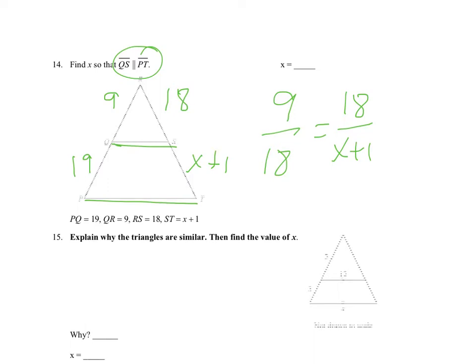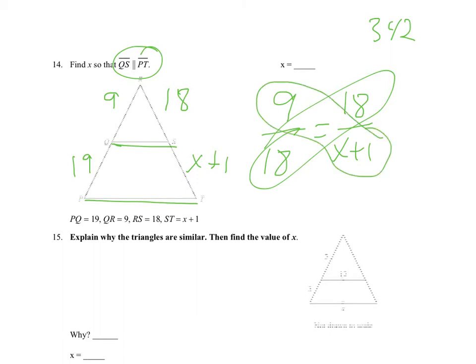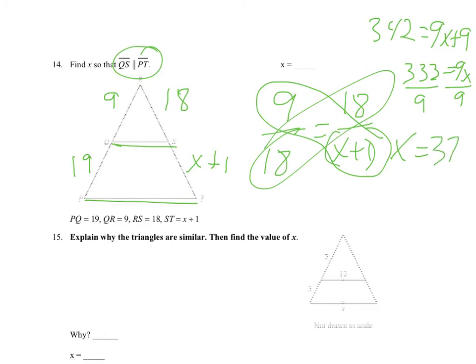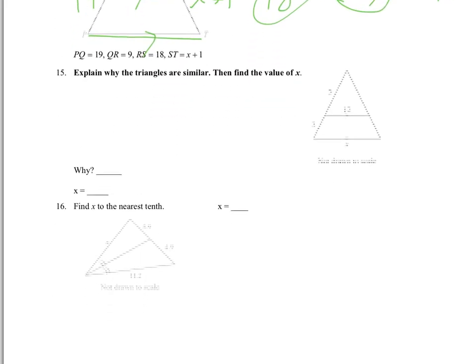So we're going to cross multiply. 18 times 18 is 342. And then 9 times x plus 1, we distribute 9 and get 9x plus 9. Subtract 9 from both sides, and we get 333 equals 9x. Divide by 9, and we find that x equals 37. So that's the value that x would have to be in order to make the sides proportional and make those two lines parallel.